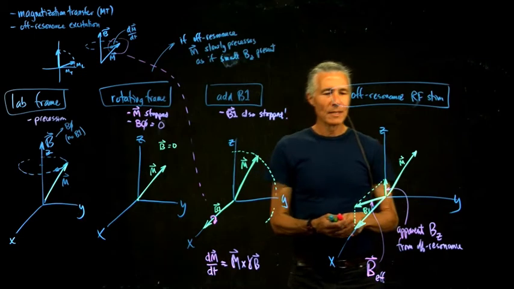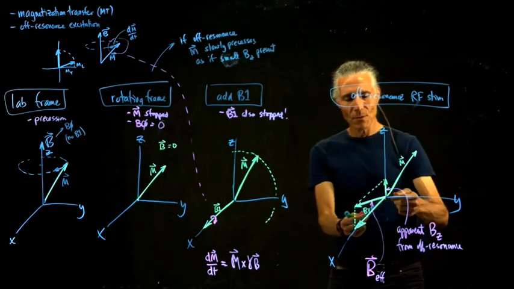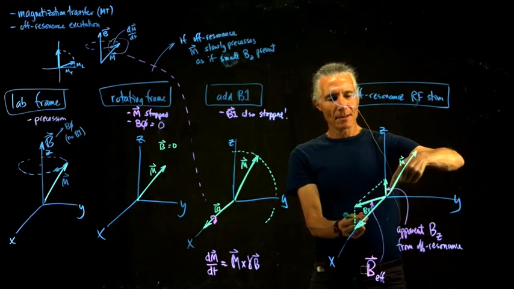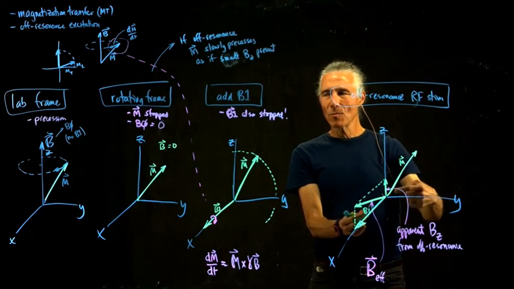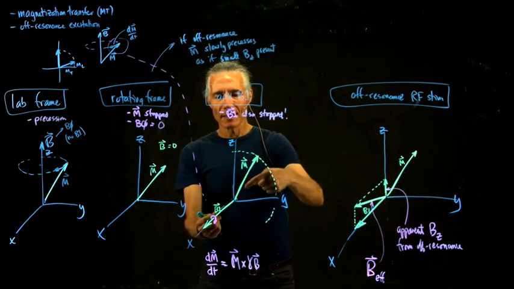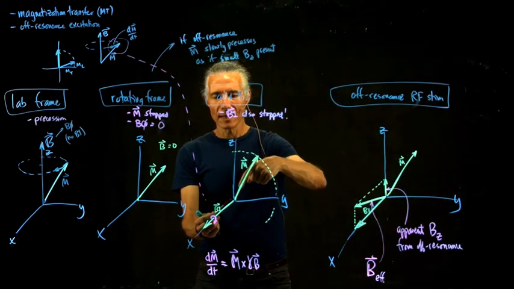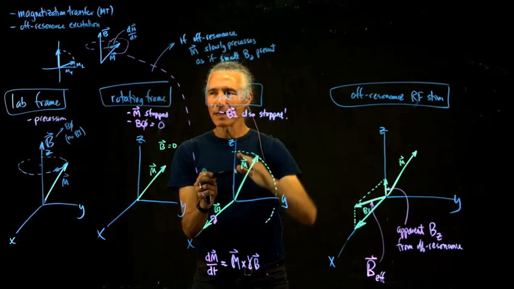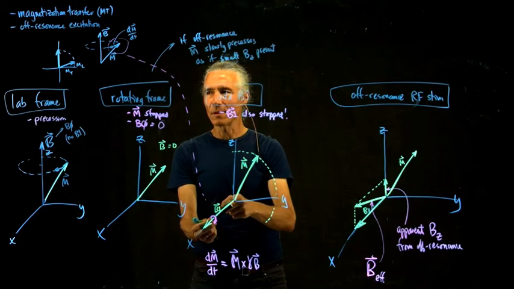And so what is that going to do? Well, before, when we did the cross product, we ended up with something that was just exactly aiming toward the y-axis. That's rotating in a plane that's perpendicular to the B field.